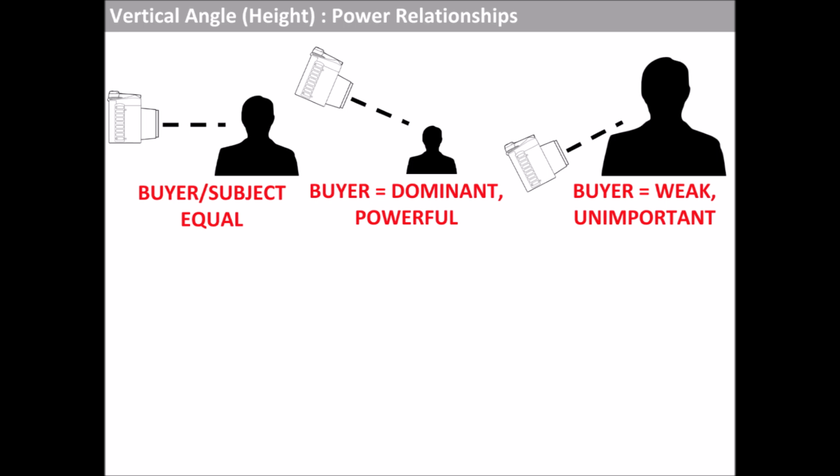A low angle perspective taps into the viewer's instinctive insecurities and tends to make the represented subject look larger than life, superior, dominating, or even unobtainable. The greater the angle, the more significant the power difference between the viewer, the observer or buyer, and the subject, the thing being observed.